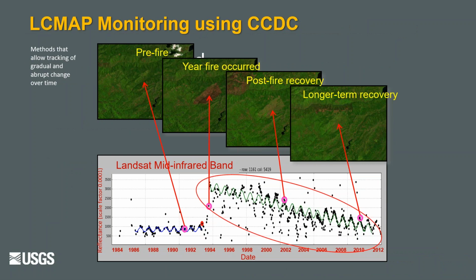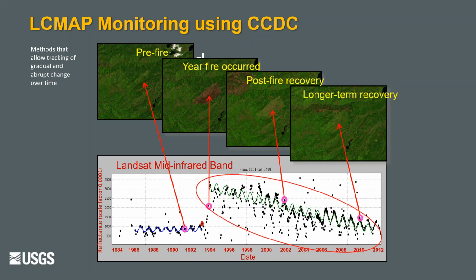So I'd like to show this slide that really is the essential look at one pixel and what that pixel does through time. In this example, we have a pre-fire forest situation where it was healthy, everything was going fine, and there was a fire. Then we had some post-fire recovery, and it continued on.